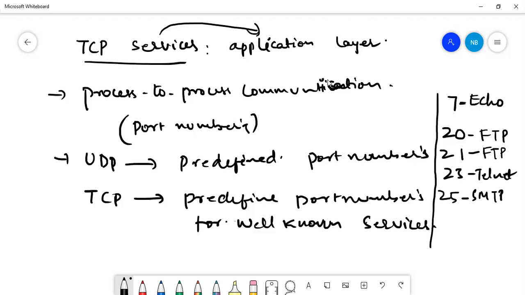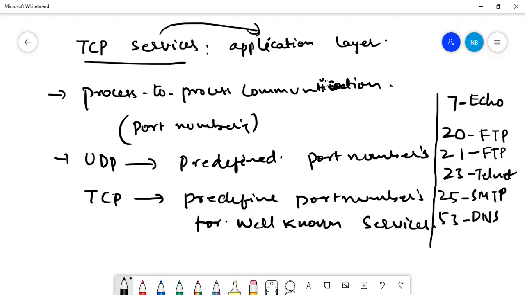The mails which you are sending through the internet will be using this protocol number, 25. Next comes 53, which is used for DNS, domain name services or domain name server.